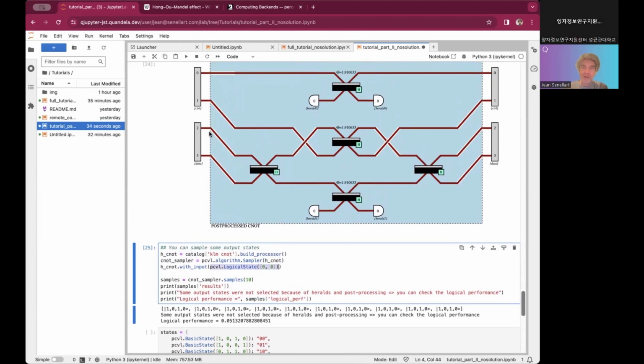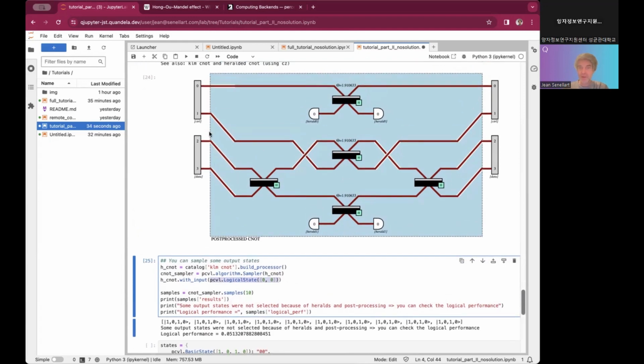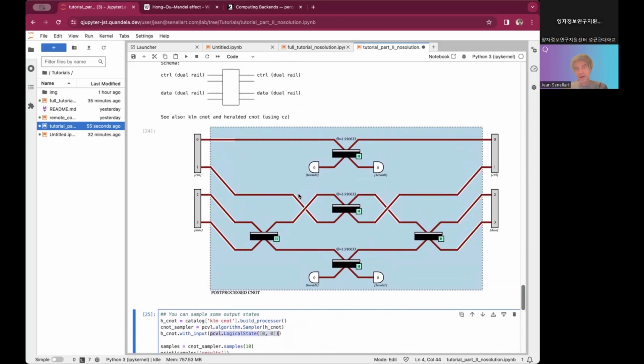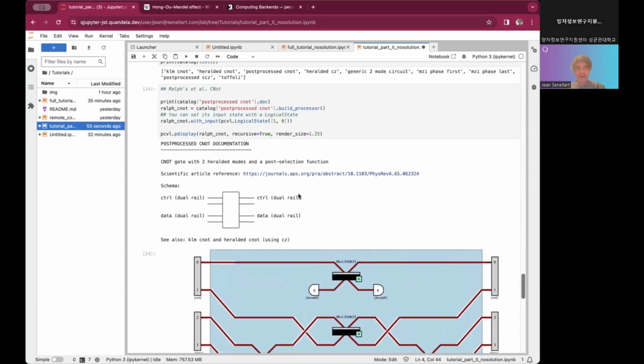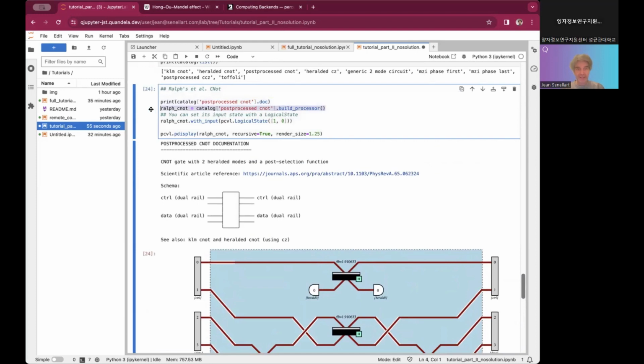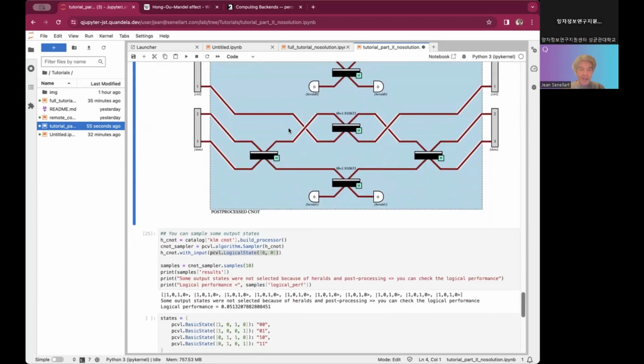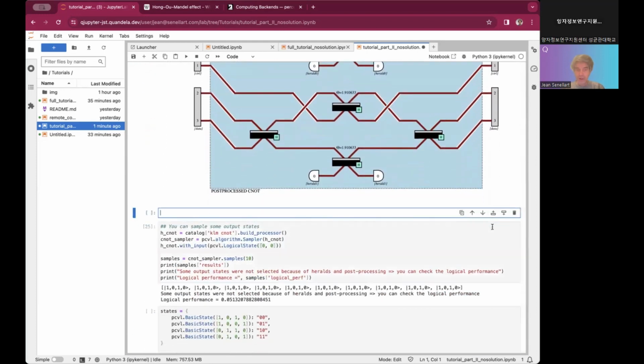I can do that because I define ports in my processor, and the ports say, okay, my first 2 modes are logical, my 2 following modes are also logical, and there are some modes, but you don't care about that, that are herald. I will show you that we could see the circuit from that, if you request not the processor, but the circuit.